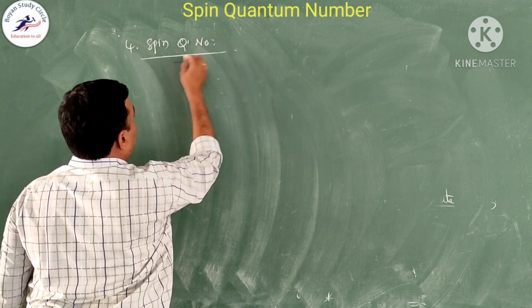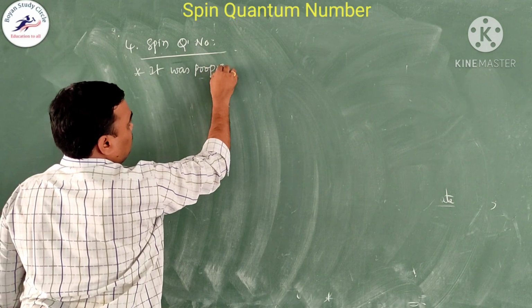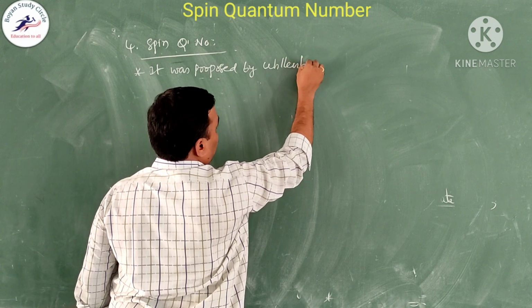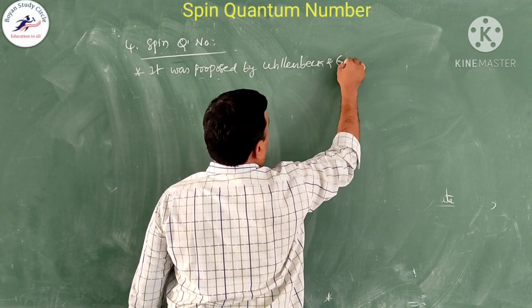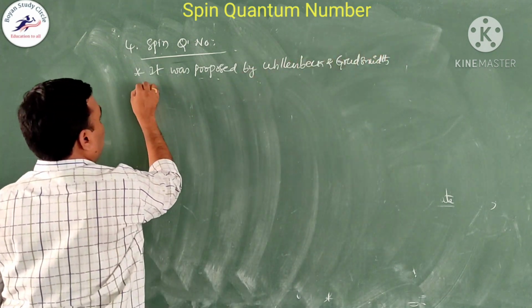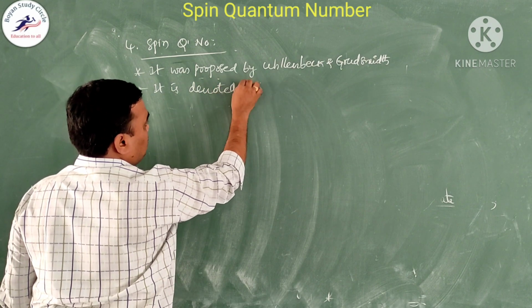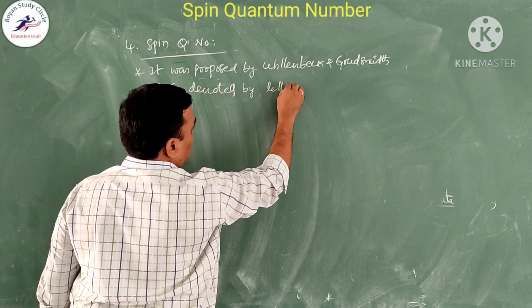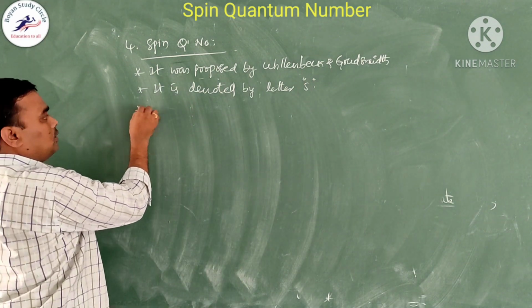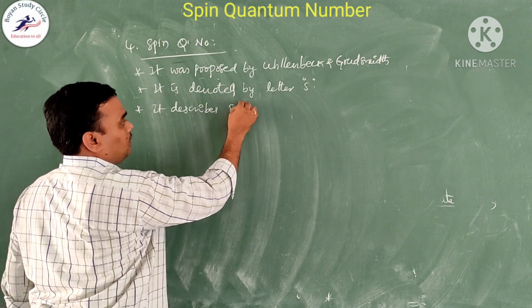It was proposed by Uhlenbeck and Goudsmit. It is denoted by the letter s, and it describes the spin of the electron.